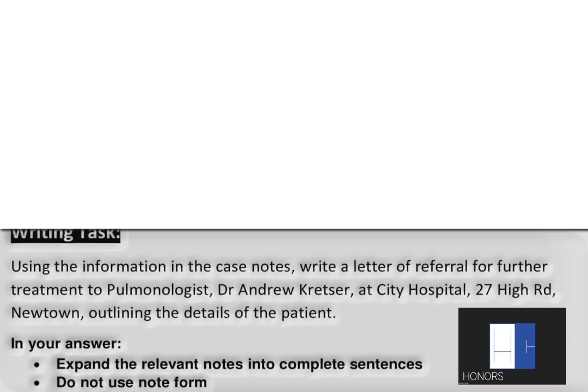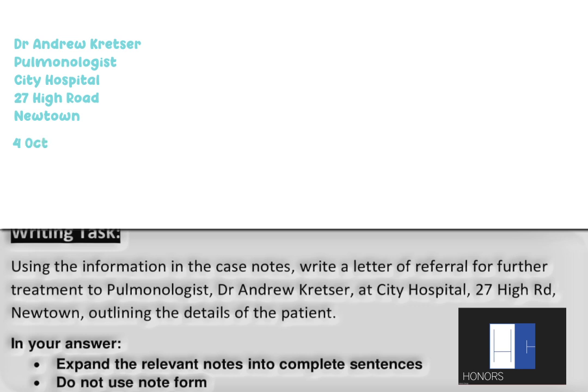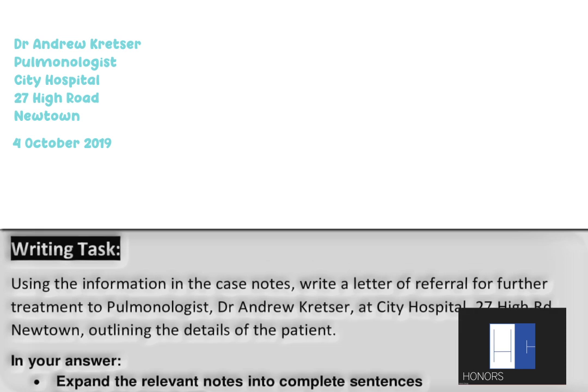Now, as always, we'll write the recipient's name, Dr. Andrew Kretzer. Then the address as follows: City Hospital, 27 High Road, Newtown. That's it. Now we leave a line, we write the date. Possibly today's date, right?